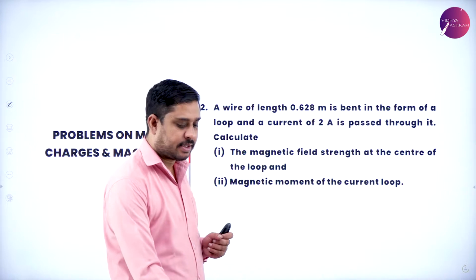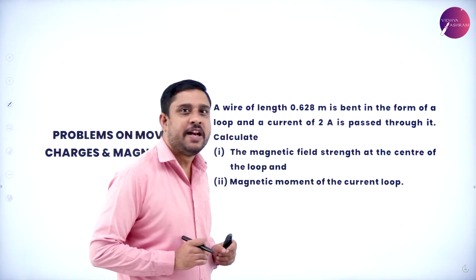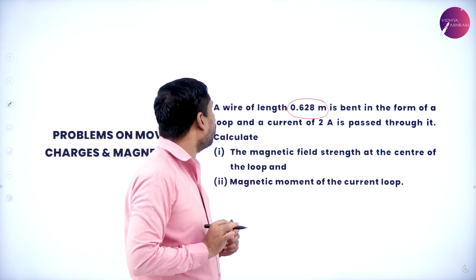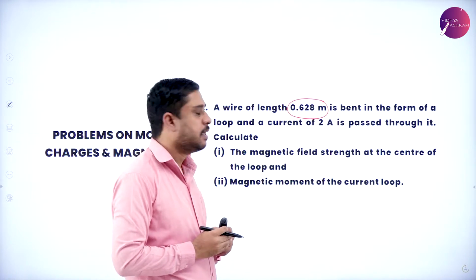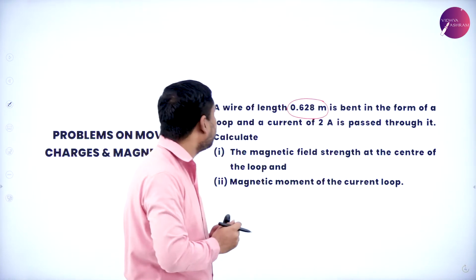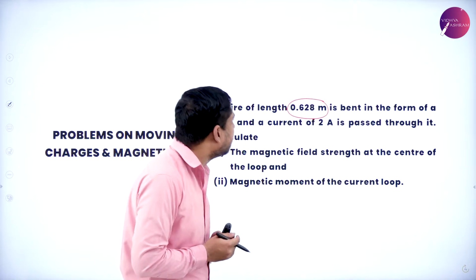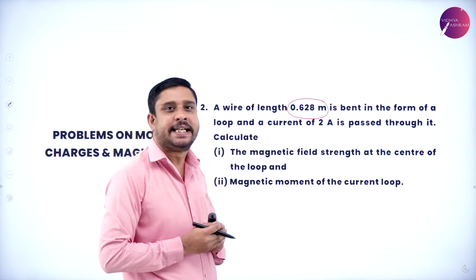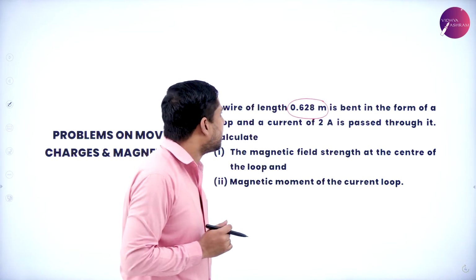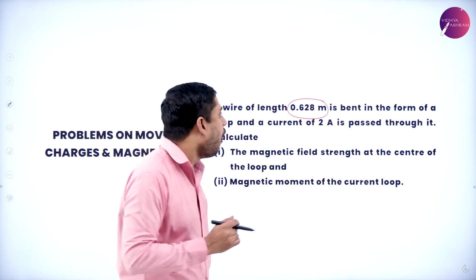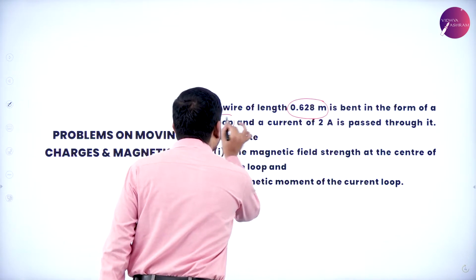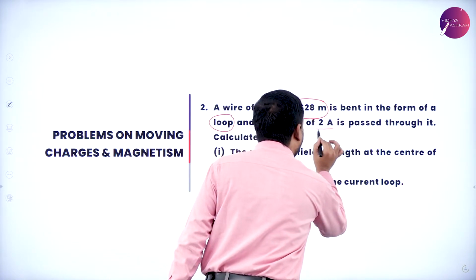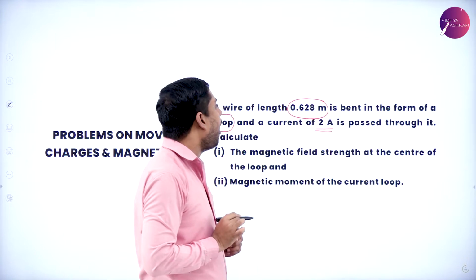Now, the problem says a wire of length 0.628 meter, which is bent to form a loop, and a current of 2 ampere is passed through it.